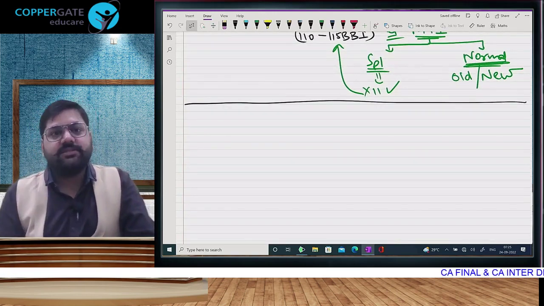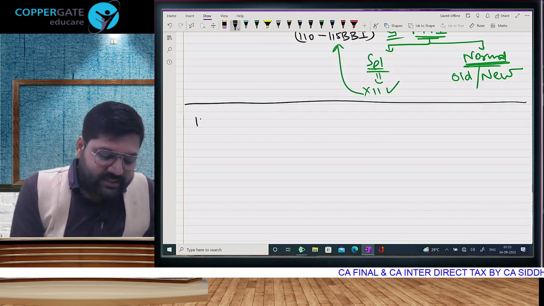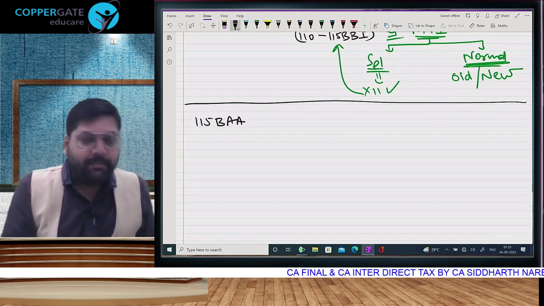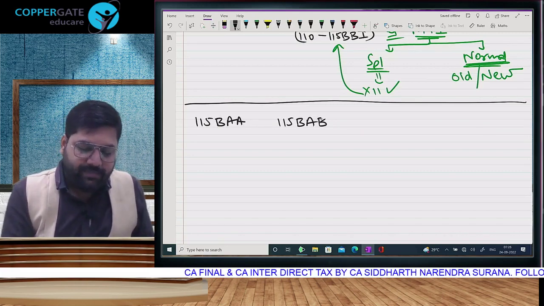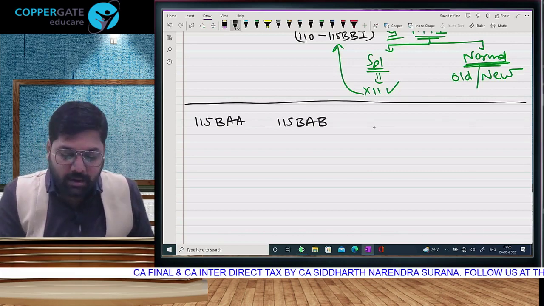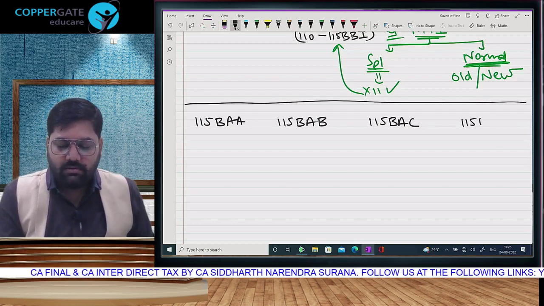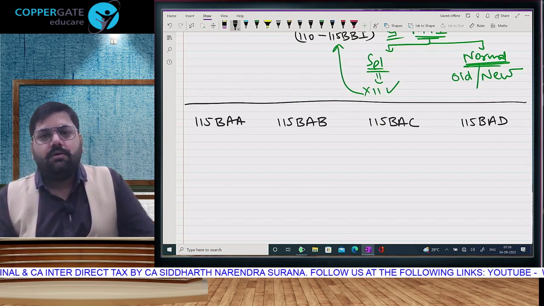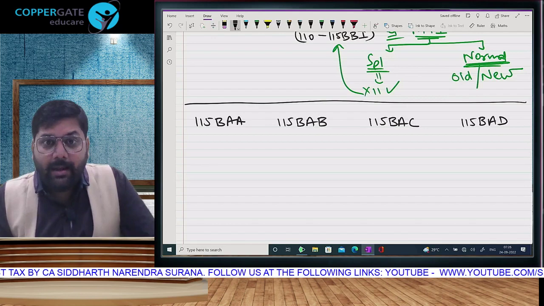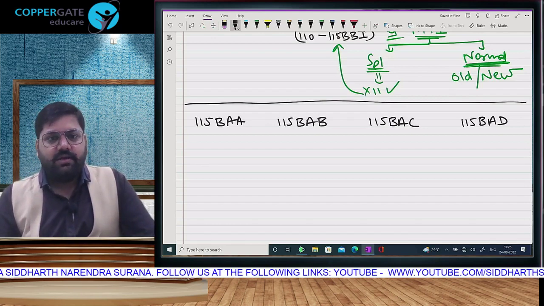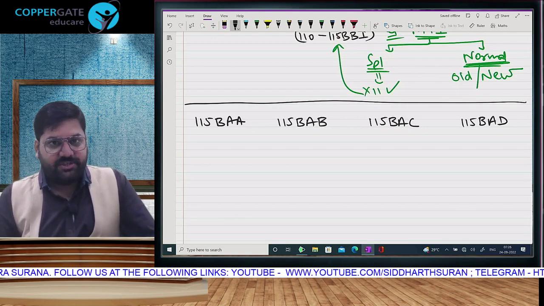The government brought 4 sections in the Income Tax Act: Section 115BAA, Section 115BAB, 115BAC, 115BAD. 4 sections in the Income Tax Act for the new taxation regime.